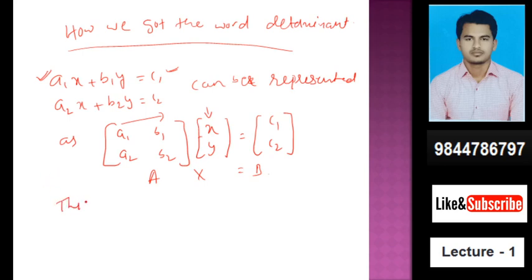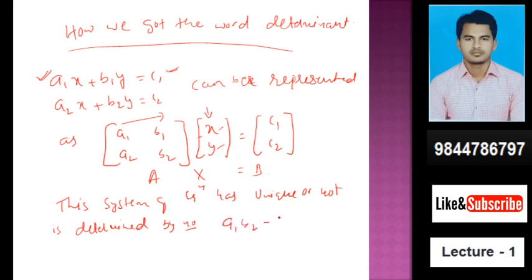So what it indicates is whether this system of equations has a unique solution or not. Our intention is whether the values of x and y are unique or not. This is determined by the number a1 b2 minus a2 b1.